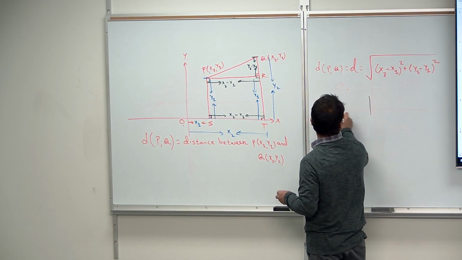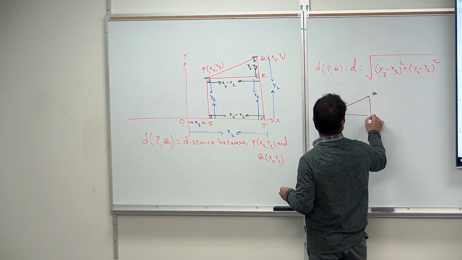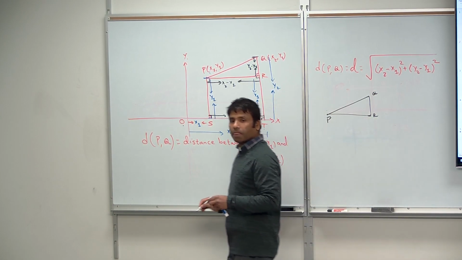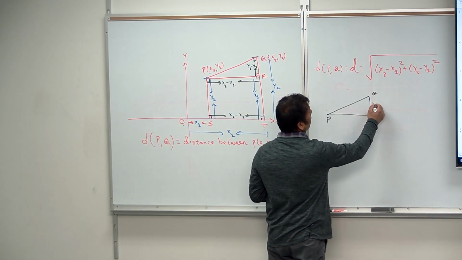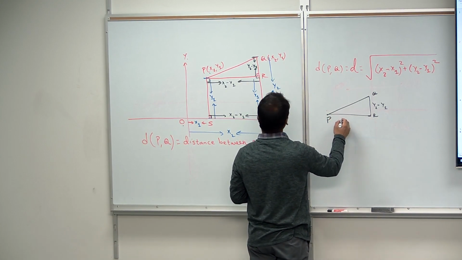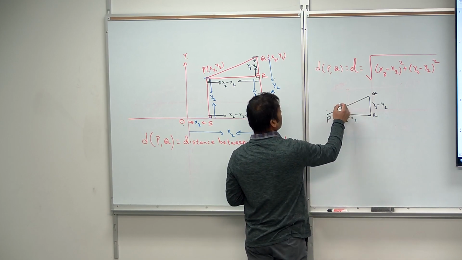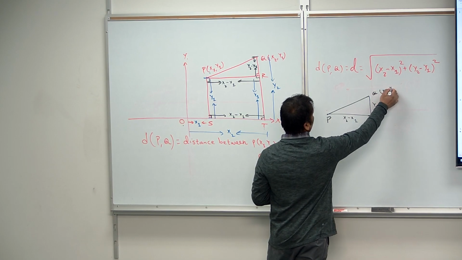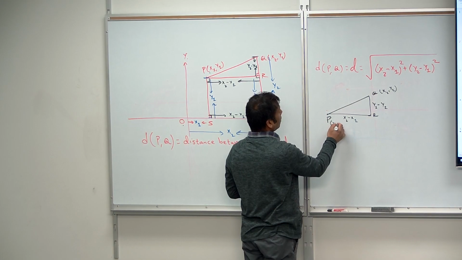You have a triangle like this, Q, R, P. So you know QR is y2 minus y1, and PR is x2 minus x1, and this is the distance PQ. The coordinate of Q is x2, y2, and the coordinate of P is x1, y1, is that right?